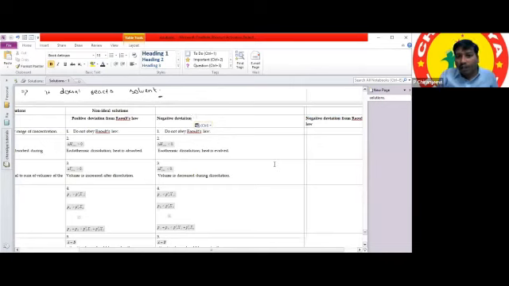So non-ideal solutions are classified into two types: positive deviation and negative deviation non-ideal solutions. Now shall we see the difference between them?